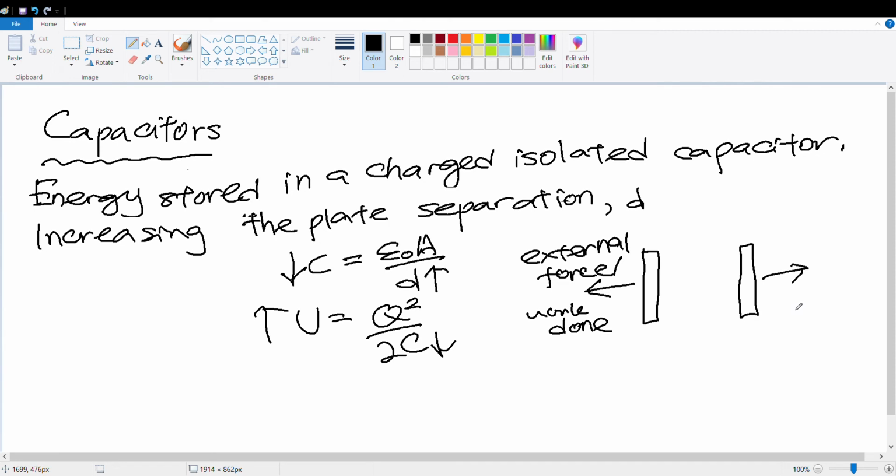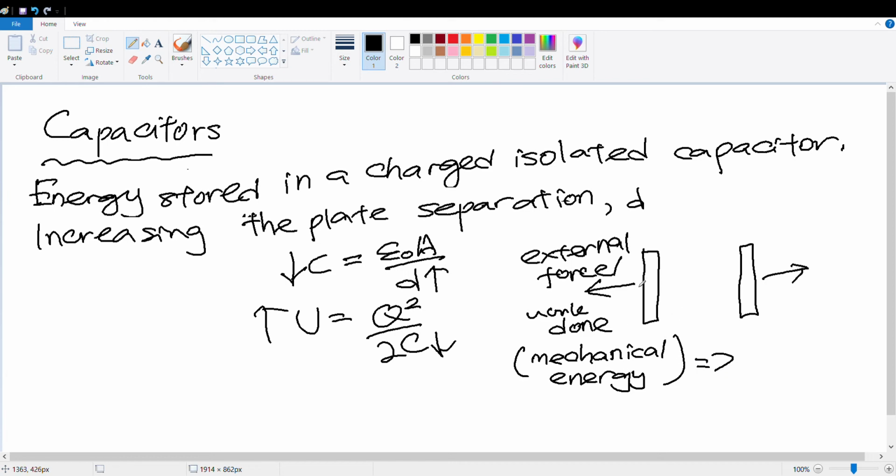So this external work done is used to separate the two plates further apart. This work done is known as the mechanical energy. This mechanical energy is the external work done, which is used to separate the two plates of the capacitor.